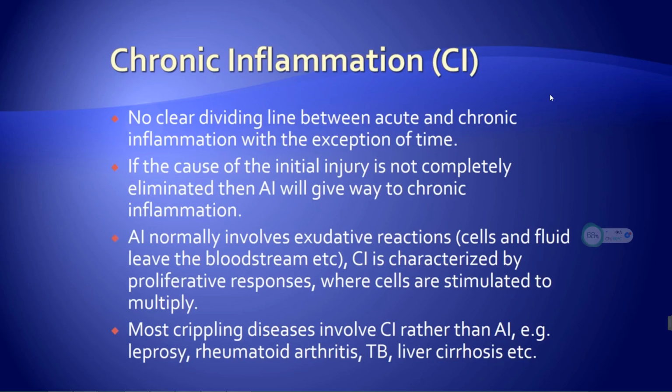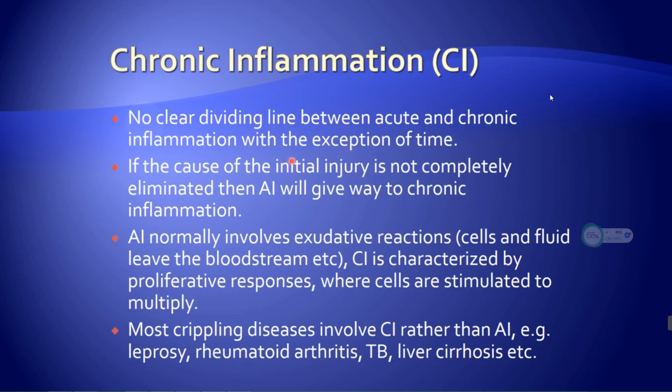When we're looking at chronic disease, there's no clear dividing line between acute and chronic inflammation except for time. And the issue is the etiological agent, the nature of that specific disease.